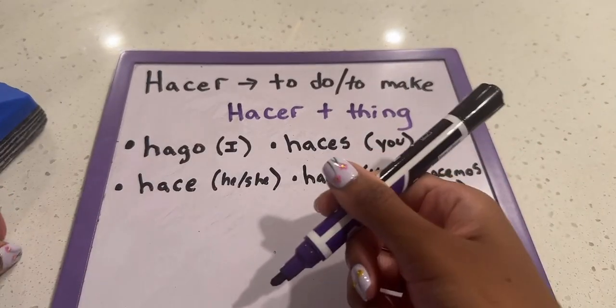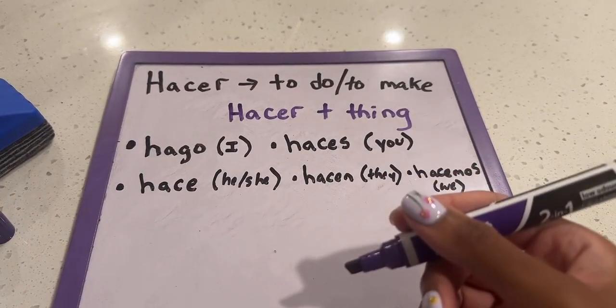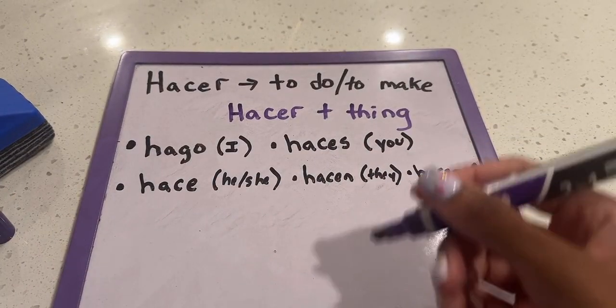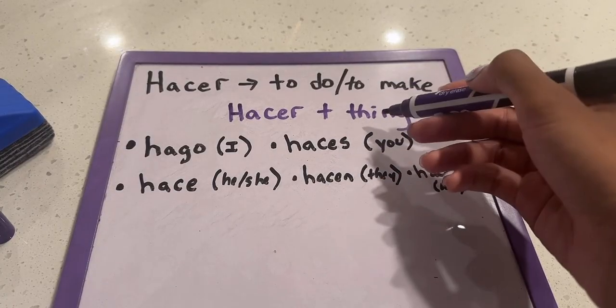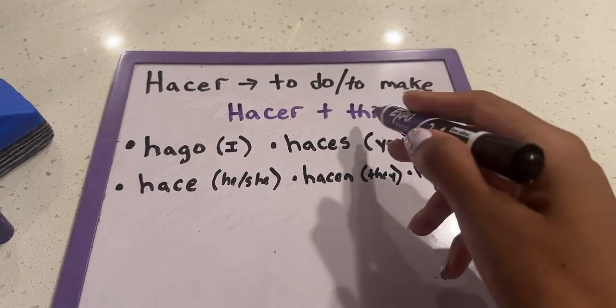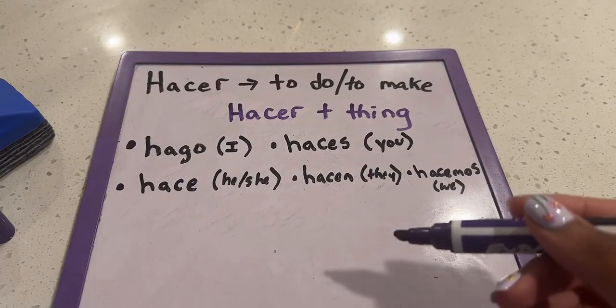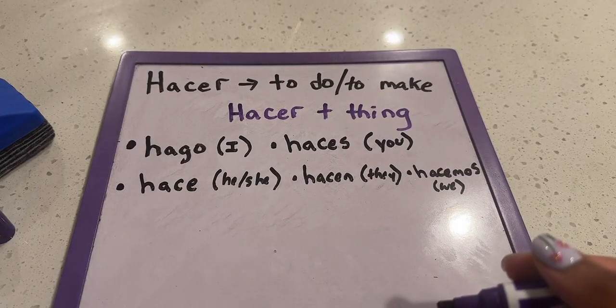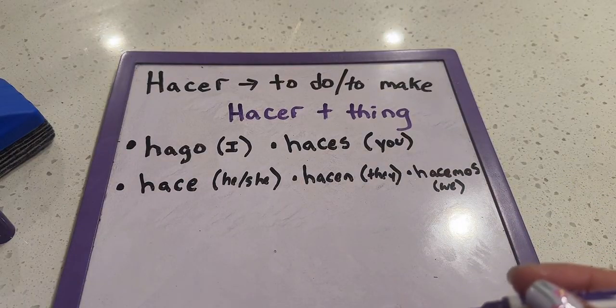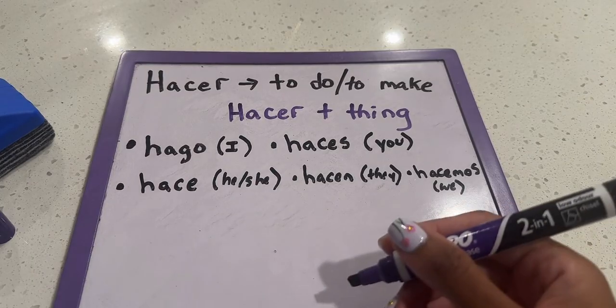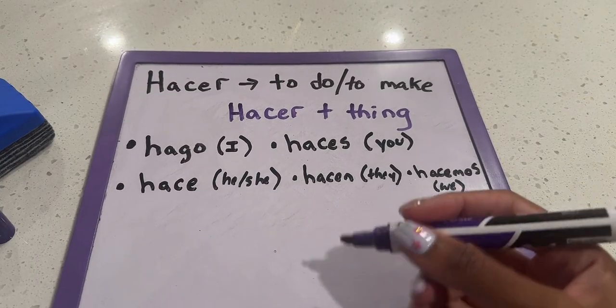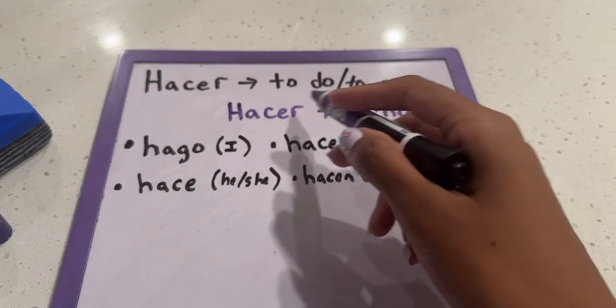Okay, so let's go on and make a sentence out of it. We understand our verb conjugations, we know our formula, and we know the 2 different definitions of hacer. So let's get to it. Let's start off with a common expression. Let's say somebody wants to know more about you and you want to talk about the things that you do, because it does mean to do.